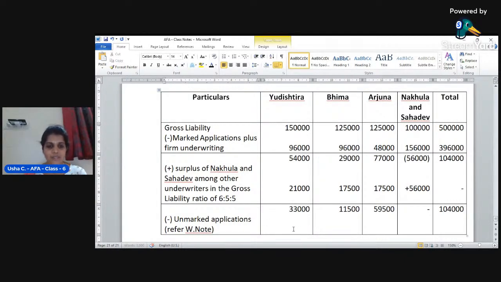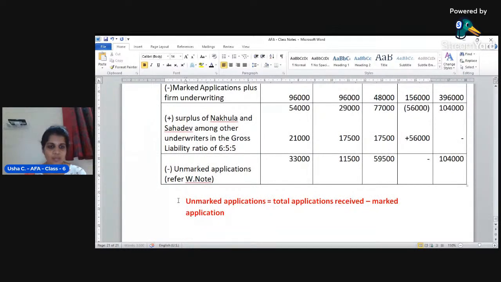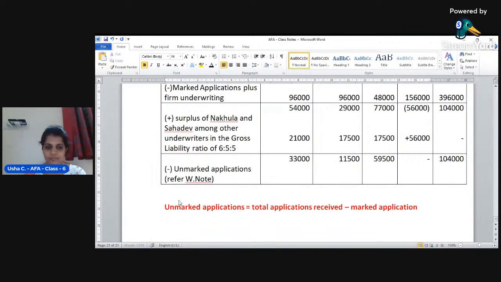Unmarked applications. So what we should do now? We have to calculate unmarked applications. Unmarked applications is equal to total applications received minus marked applications. Total applications received is how much? Total applications received is 3,60,000.